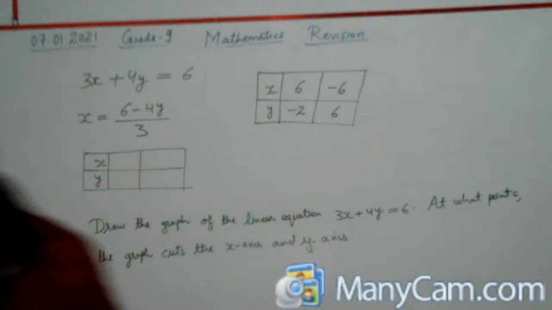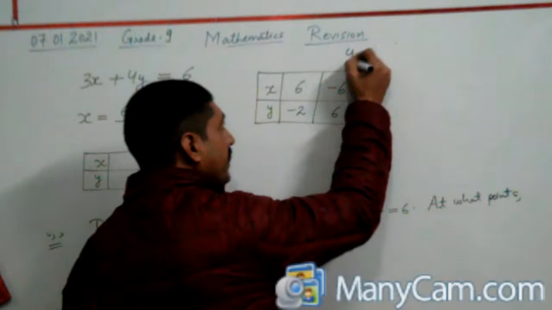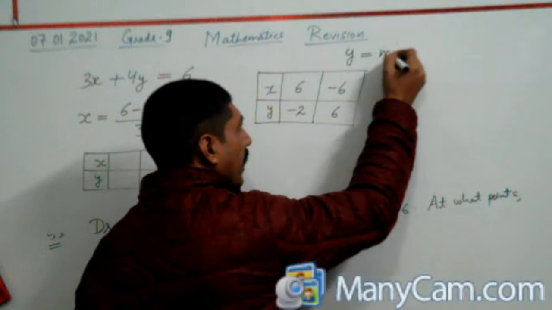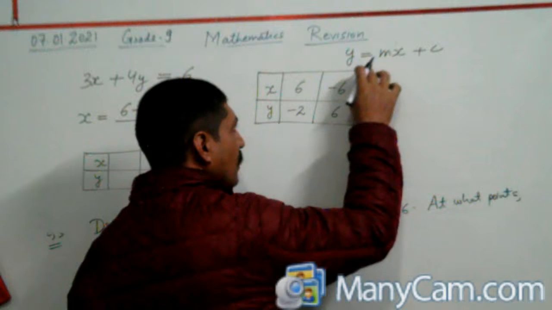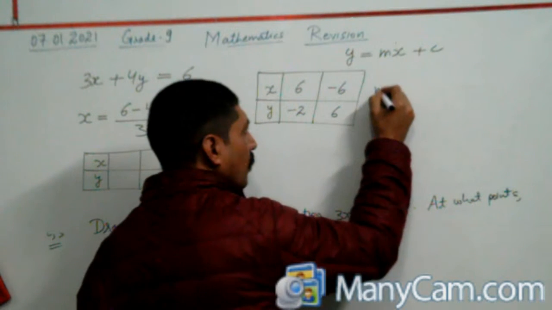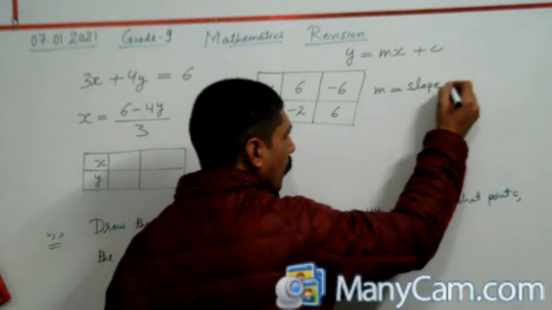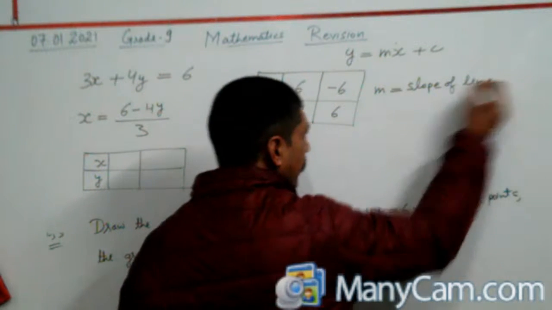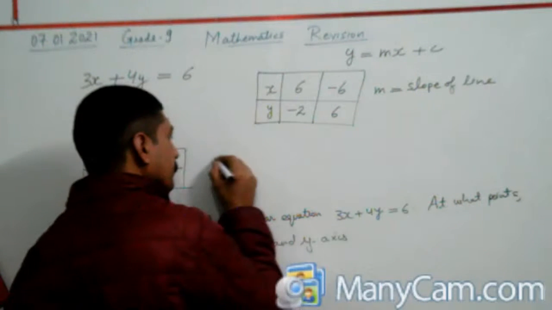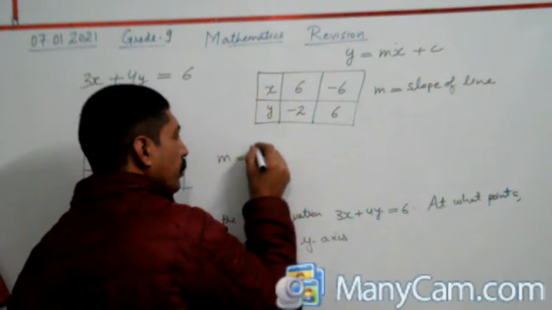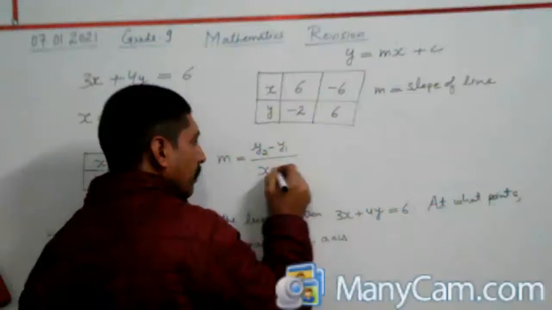So there we are studying that the equation can be written as y is equal to mx plus c, where m is called the slope of the line. So here we have been given the vertices. How to find the slope? m is equal to y2 minus y1 divided by x2 minus x1.